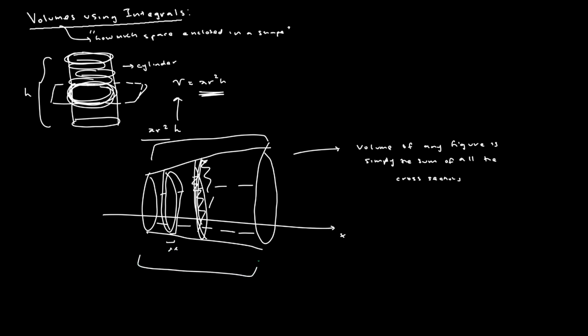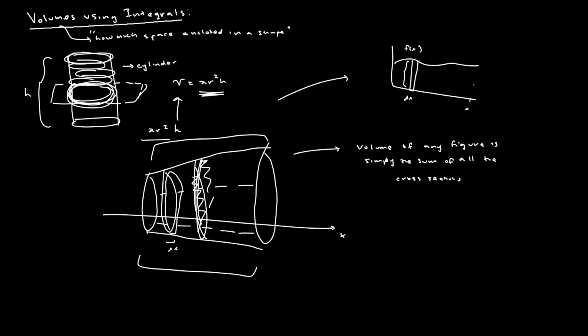This is very similar to what we did with areas, where we took an infinitesimally small slice of the value that the function takes on. As a reminder, if I had to find the area under a curve, I took an infinitesimally small area by taking dx, which represents that little width, but the height was simply whatever f(x) is, and adding it up over the interval I'm interested in gave me the area.